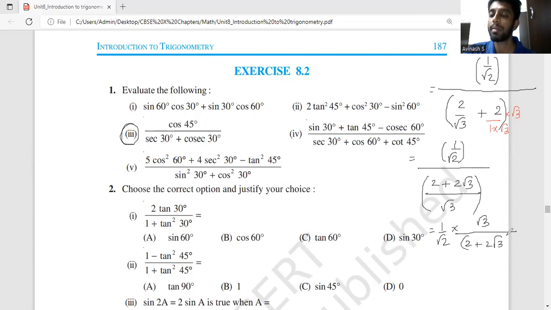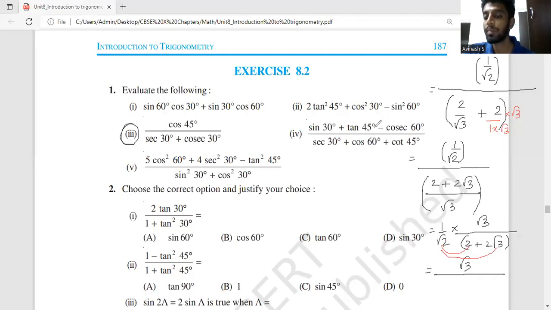All of this should have proper brackets like this. So when you take this whole fraction to the numerator, what happens is that it gets reversed, which means root 3 goes to the numerator and 2 plus 2 root 3 comes to the denominator. Now what we have left is root 3 divided by, now you can actually multiply this root 2 with both the terms.